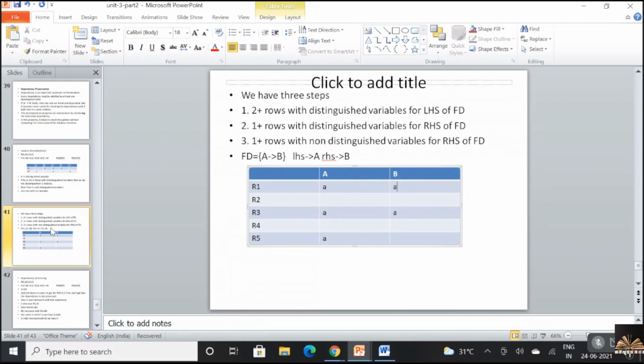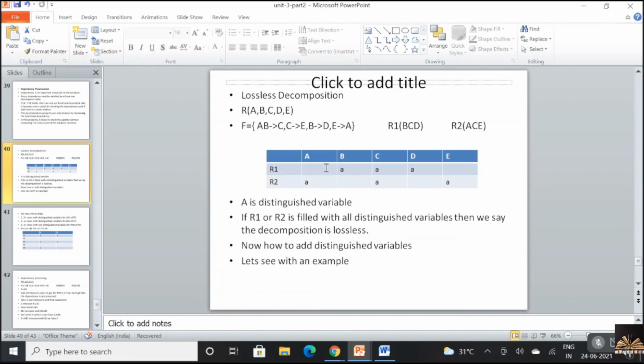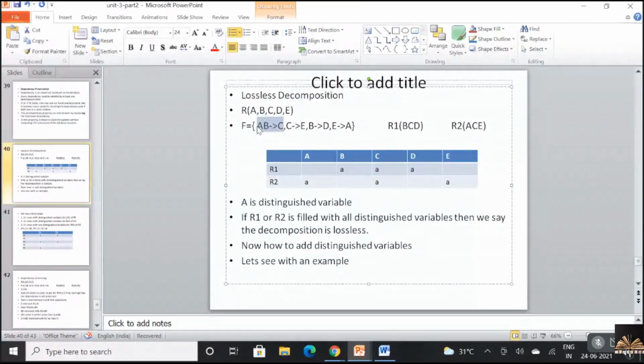Now I'll go with the same example, the previous one. I've got two decompositions, R1 and R2. I'm looking at the first FD.